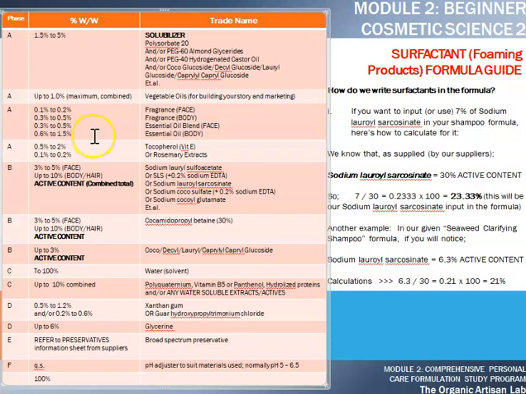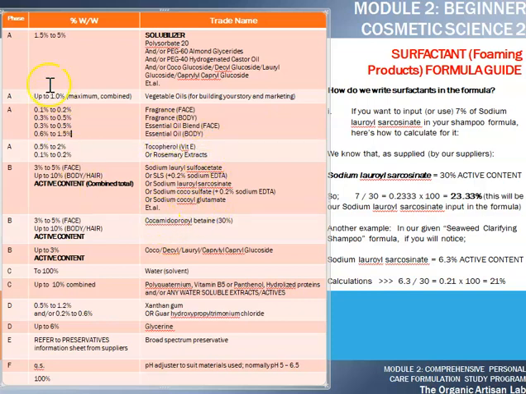So it's really all out there. You have all the guides that you can use to write your own hair wash formula, and the lists are all here for you to create an effective product without worrying, am I doing the right thing? Am I adding the right amount of these ingredients? So here are your guides.